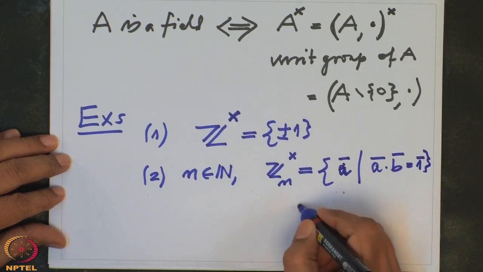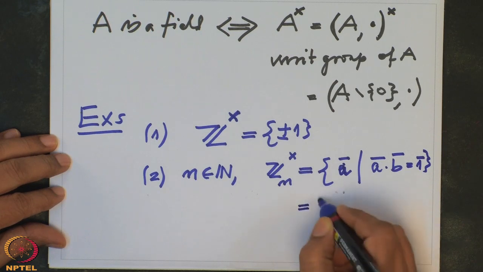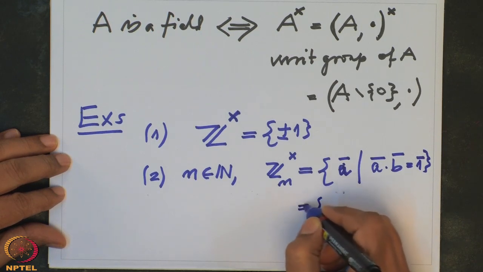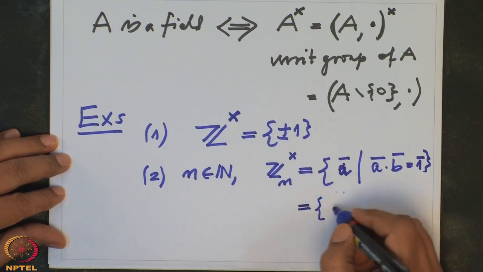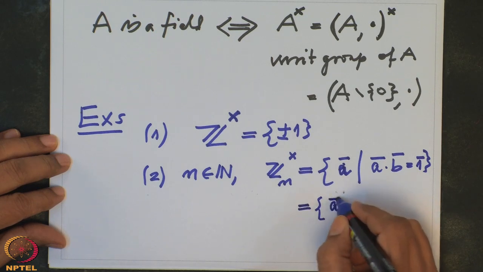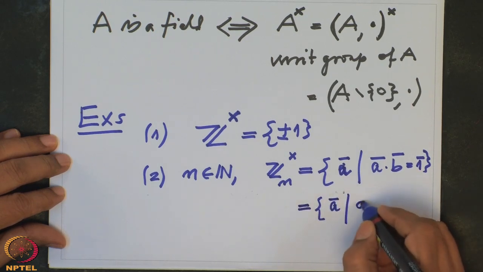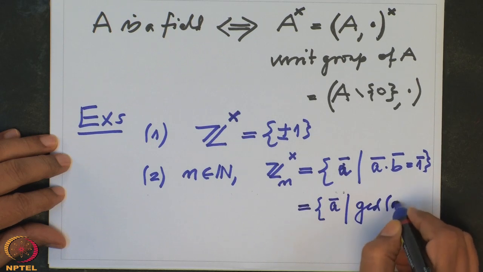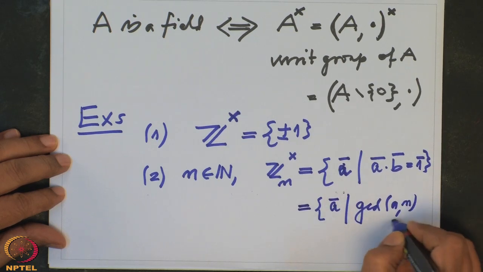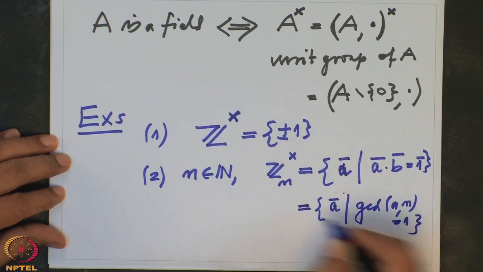But you will easily see that you can identify this set as all those A bar such that GCD of A and n is 1. I want you to check this.